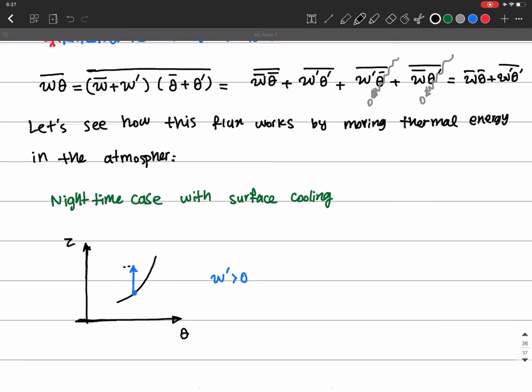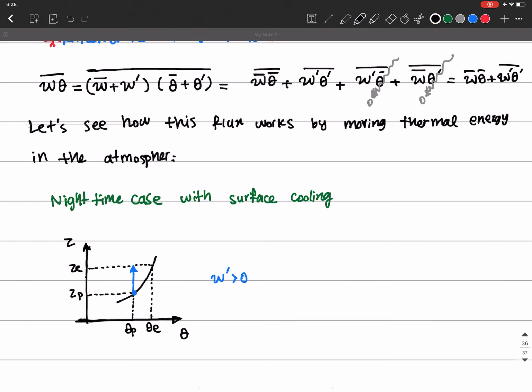Then here it goes to another height, say z_E, and here we have z_P at first point. The initial temperature was theta P, and then the final temperature is theta E.